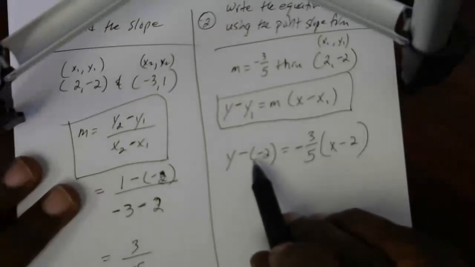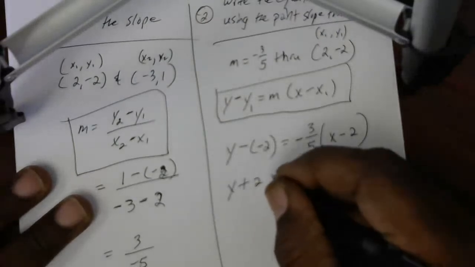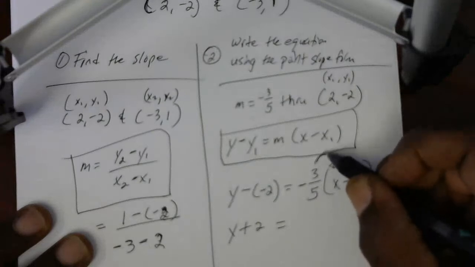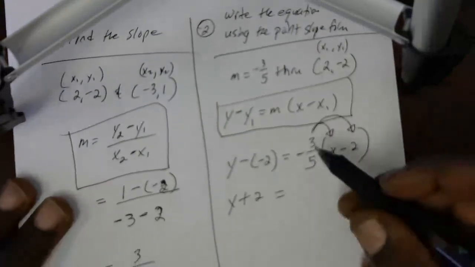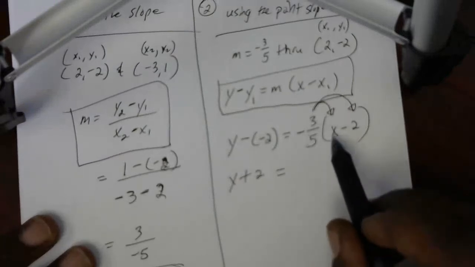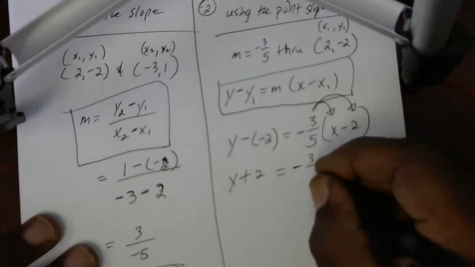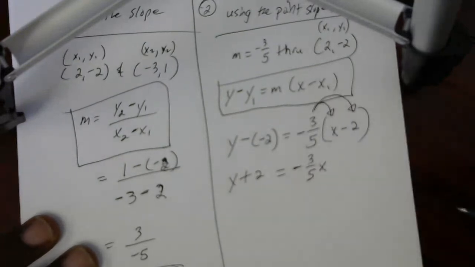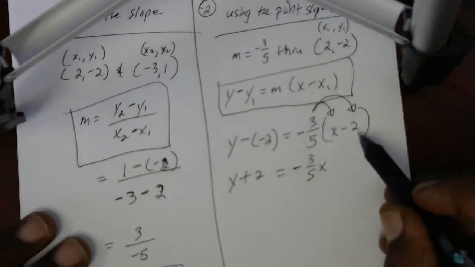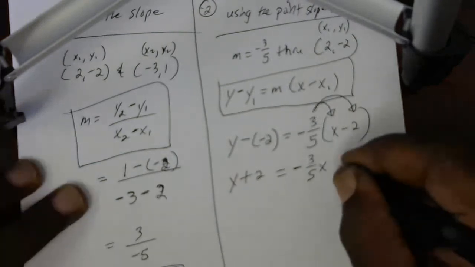All right, so I'm going to change my sign. That double negative is a positive, so that's y plus 2. And I am going to distribute -3/5. So -3/5 times a positive x is -3/5 x. -3/5 times a -2, a negative times a negative is a positive.